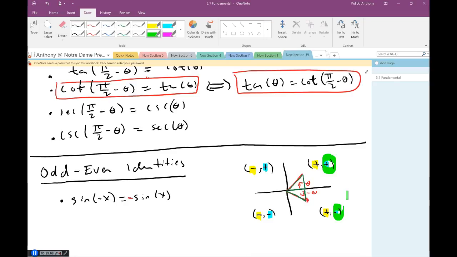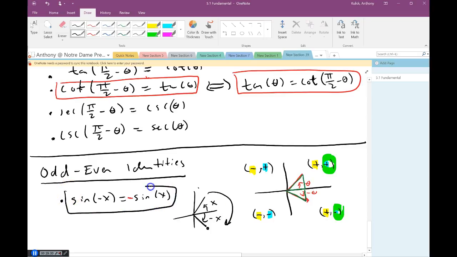So that's what this is saying: if I take sine of negative x, I can find the value for sine of x and then make it negative, which would put me back down here again. So that's the first identity.